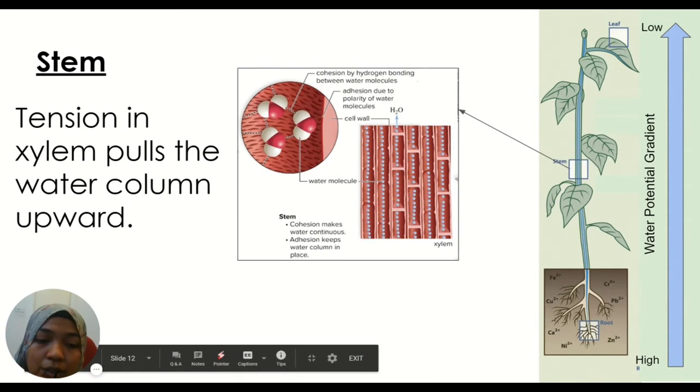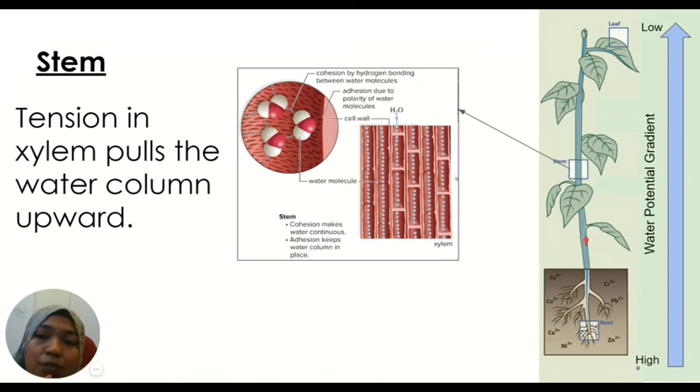Next, after the water is absorbed at the roots, the tension in the xylem will pull the water molecules upwards. As I explained briefly earlier, the water will be pulled by two forces, cohesion and adhesion. Cohesion is where the hydrogen bonding pulls water molecules together, and adhesion is when the water molecules stick to the cell wall.